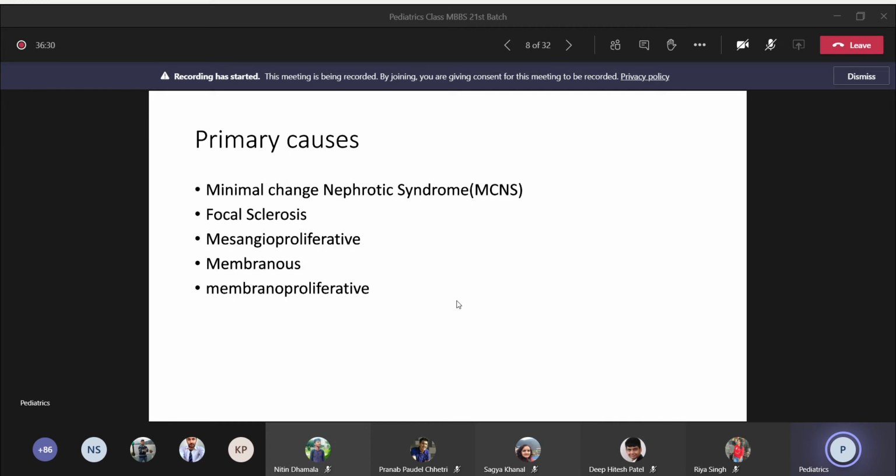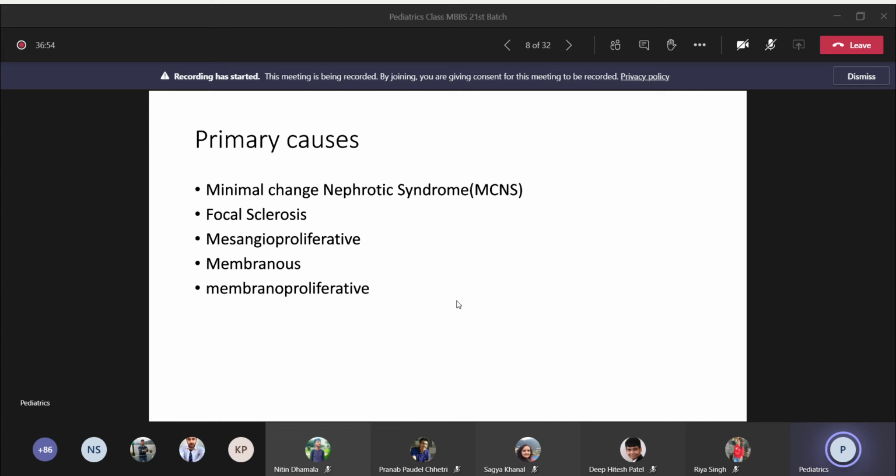Now come to the primary causes of nephrotic syndrome. The first one is minimal change nephrotic syndrome. The second one is focal sclerosis. The third one is membranoproliferative. Fourth one is membranous and membranoproliferative.